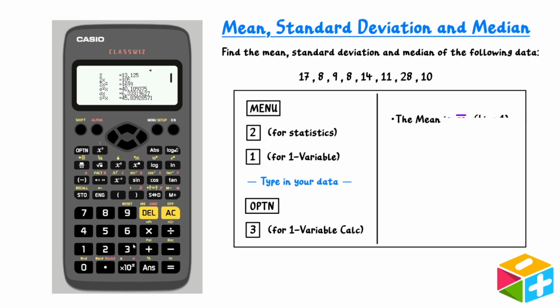The mean has symbol x bar and can be found in the first line. The standard deviation has symbol sigma x and can be found in the fifth line.